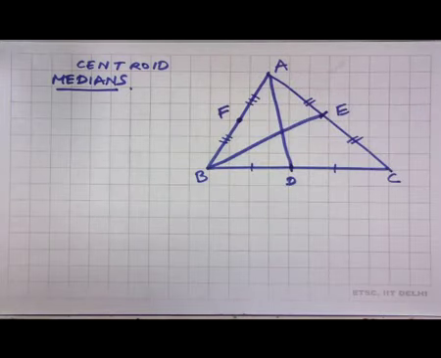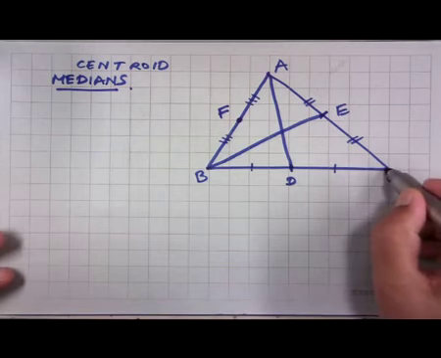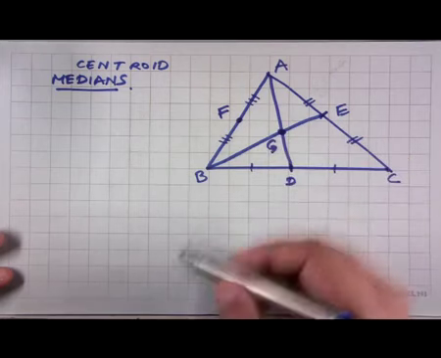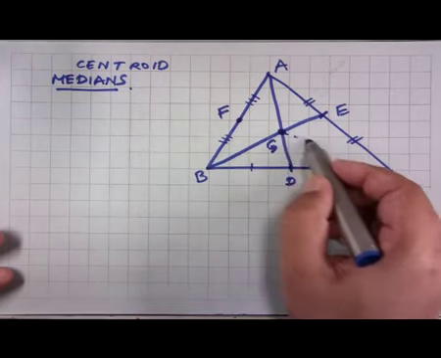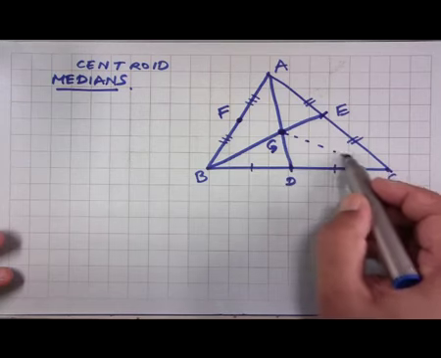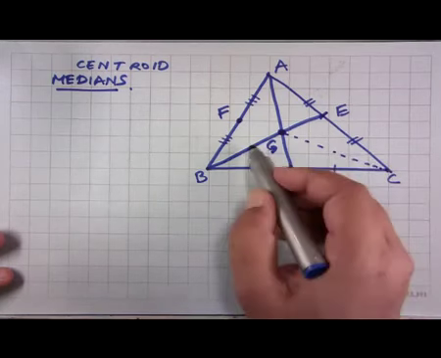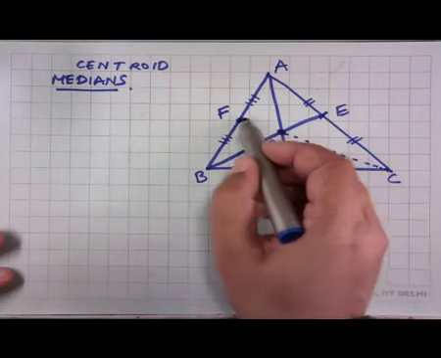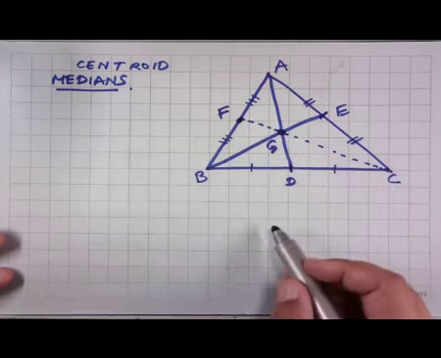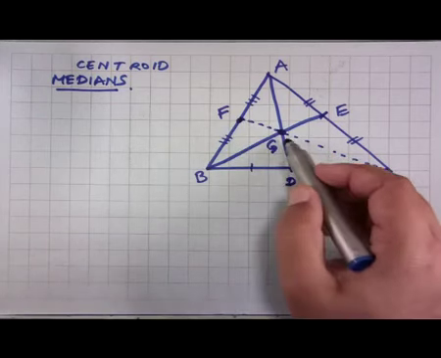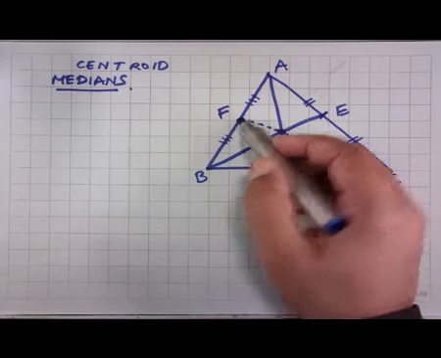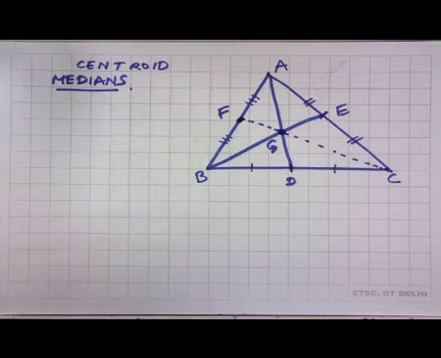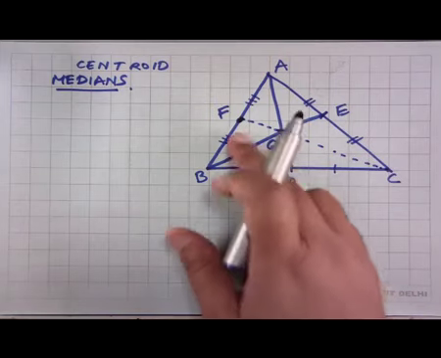First of all, we will show that if we connect C to the point of intersection of these two medians, which we denote by G, like this, and then extend this line segment CG further, then this line CG will intersect the opposite side AB at exactly the midpoint of the side AB, which is at point F.